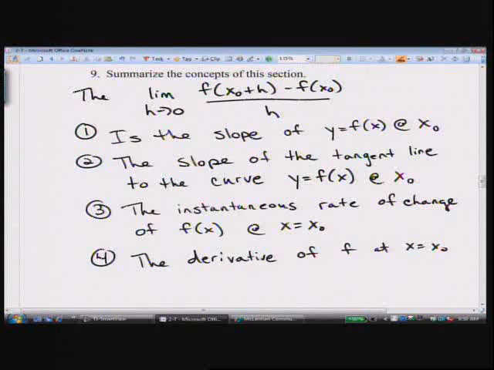So you will hear the words slope of the tangent line, slope, instantaneous rate of change, derivative, and always know that that is the limit as h goes to 0 of f of x naught plus h minus f of x naught divided by h, okay? Now, in the next chapter, you will learn shortcuts to find it. But if you were ever asked to prove what is the derivative, you can always go back to this equation.